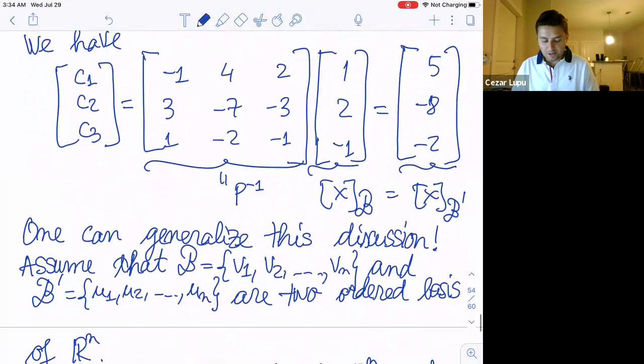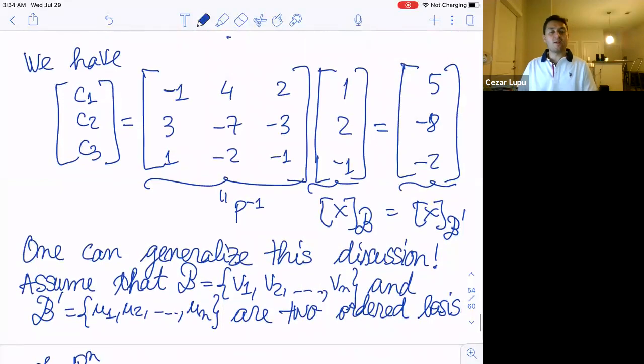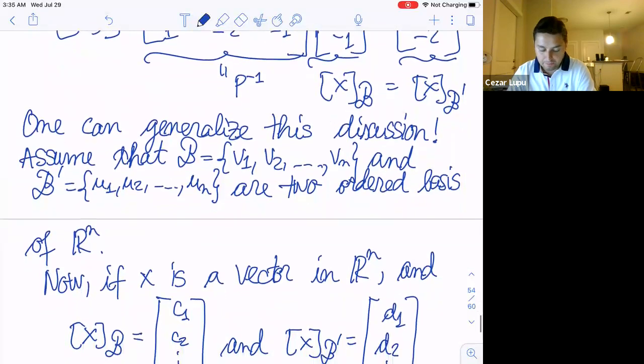Now, we can actually generalize this discussion. Instead of having 3 vectors, we can have n vectors. Let's assume that B consists of these n vectors, v1, v2, vn, and B prime consists of u1, u2, un. So we consider these 2 ordered bases of Rn.